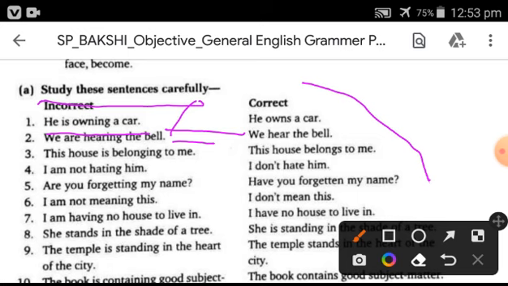So we can correct it by removing ing, and when we remove ing we also have to remove is from this very sentence, that is, he is owning a car. So the correct form is, he owns a car. And these are all sentences written for you, and it's your duty to identify and clarify yourself by judging the correct and incorrect forms of these sentences. Let me go ahead.